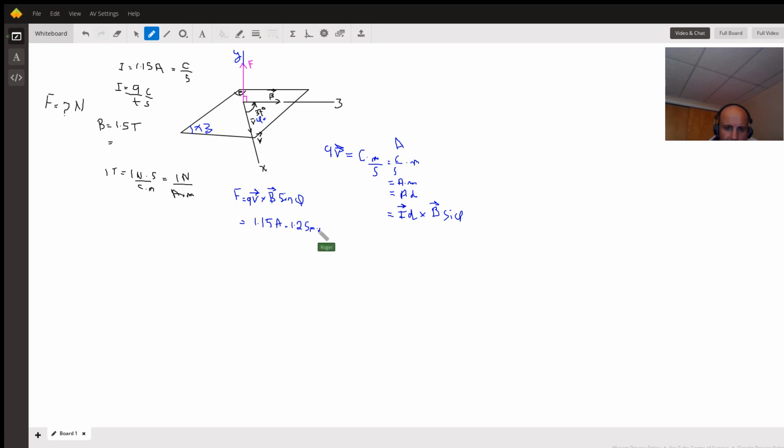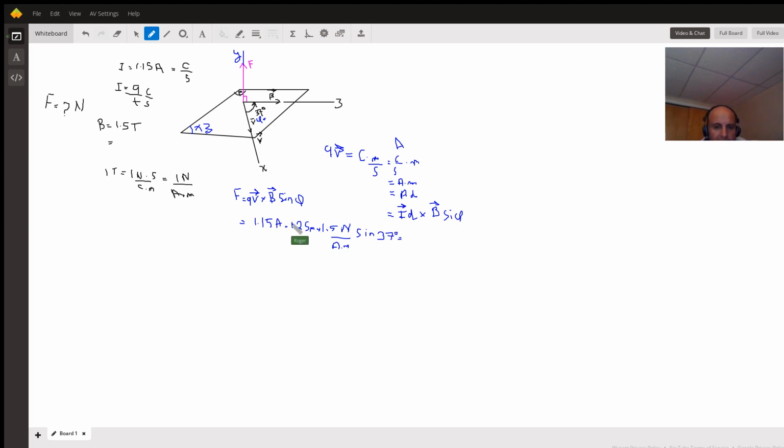So we will put that value as 1.5 Newton per ampere times meter, and sine 37 degrees. So we do all of this calculation.